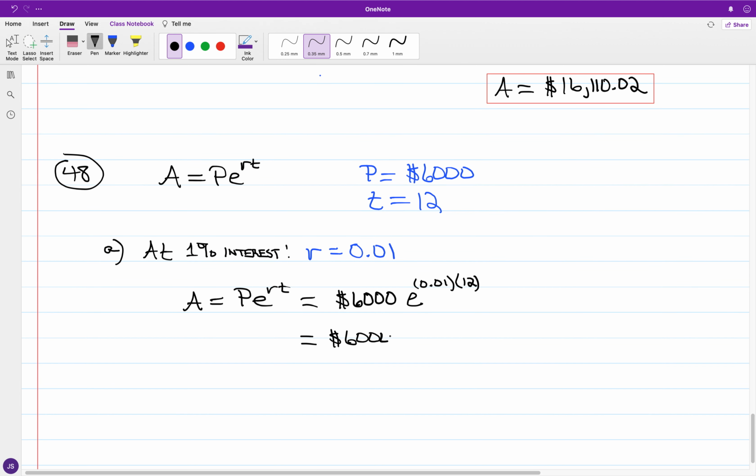Again, e is that natural logarithmic exponential base number, that 2.718 figure. And for that to the 0.12 power, you have about 1.127, multiplied by $6,000. So we have right at $6,764.98.